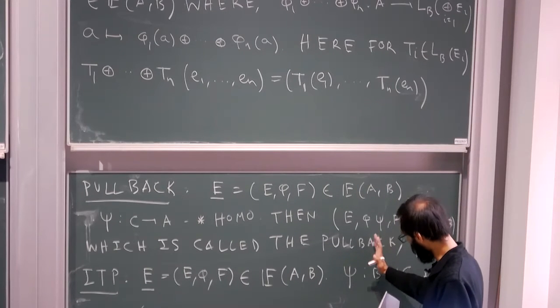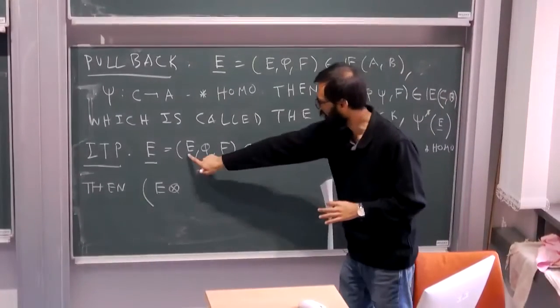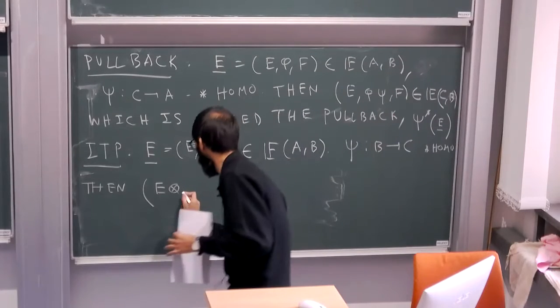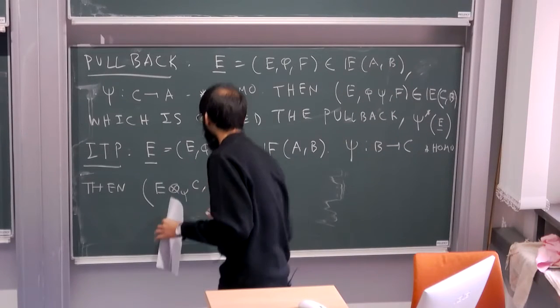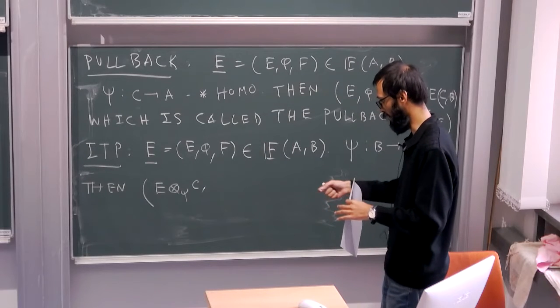There was a module over B and there was a module over C. The module over B is already given, it is E, and I take the module over C to be C itself. So this makes sense. I also had a morphism between the adjointables.